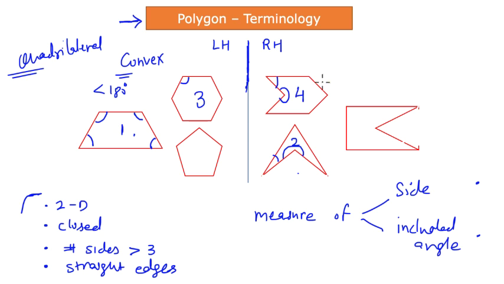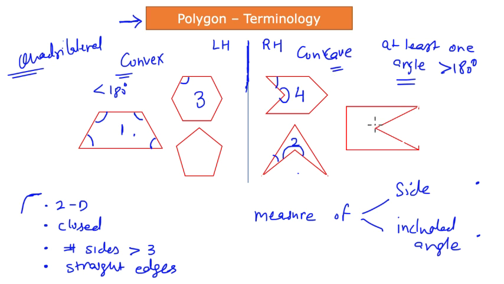But on the right hand side, you will find that there exists at least one angle that is more than 180 degrees, okay? With this specific criterion, you can say that all of these 3 polygons are called concave polygons, okay? So that is one differentiation in how you will understand the difference.